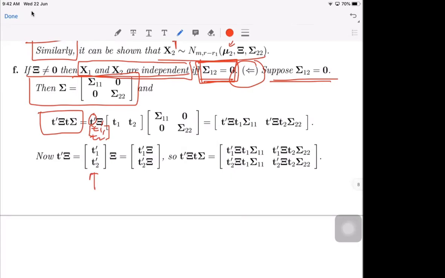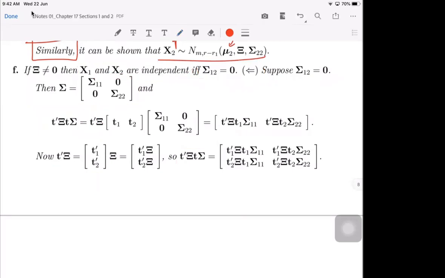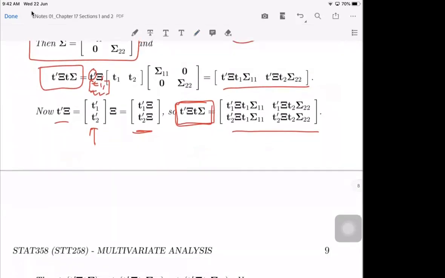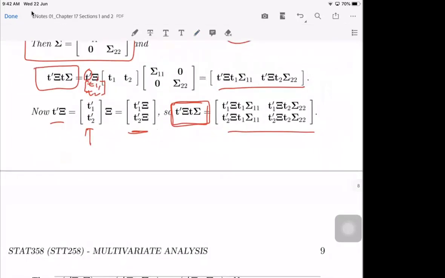So if you multiply that, you have this, and then you simplify t prime psi, which is equal to this, so that if we have this as a whole, you have this. And then you get the trace.